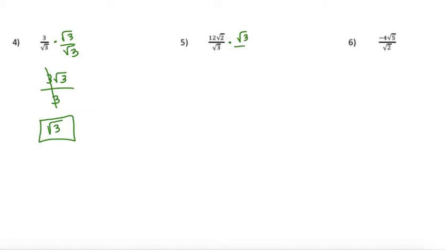So I rationalize, multiplying by the denominator for both numerator and denominator. So I get 12 radical 2 times 3, which I can combine. And on bottom, radical 3 times itself clears the radical, inverse operation. I check, 12 divided by 3, I can simplify. That's 4, and the radical 6 comes down.